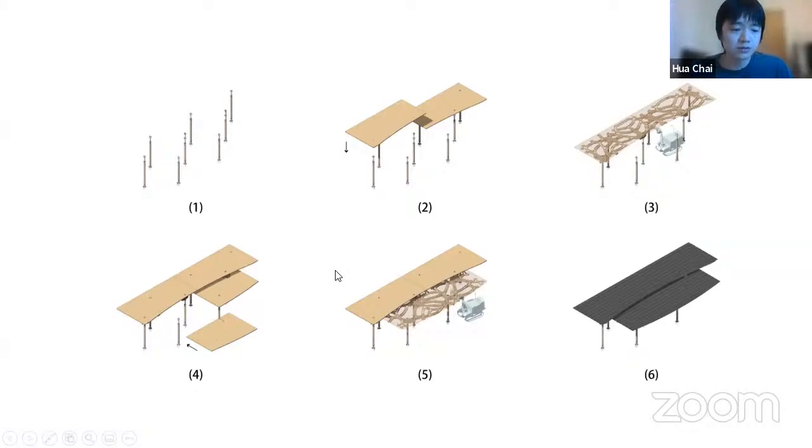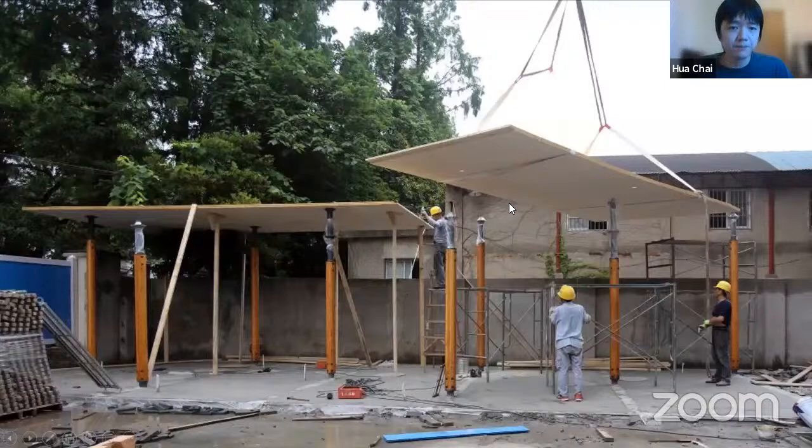The construction sequence can be summarized as: first we erect the columns and the CLT panels, and then the robot is moved on site to iteratively assemble the timber sticks underneath the structure to reinforce the slab, so that the load-bearing capacity is enhanced. The 2 roofs are fabricated by the robot one by one.